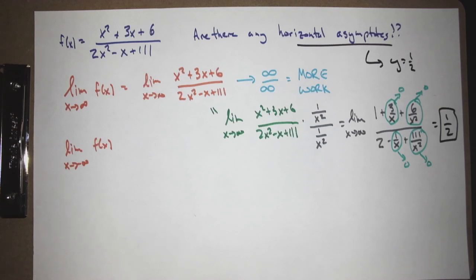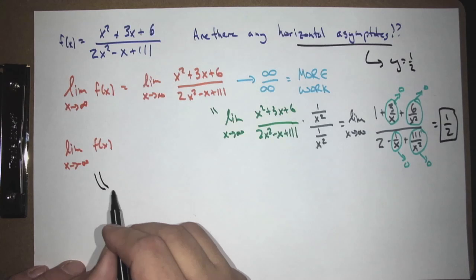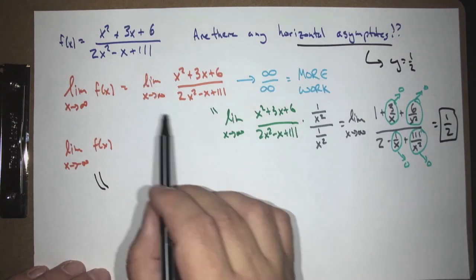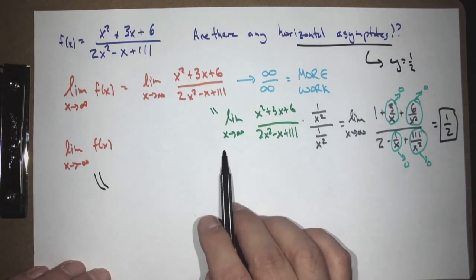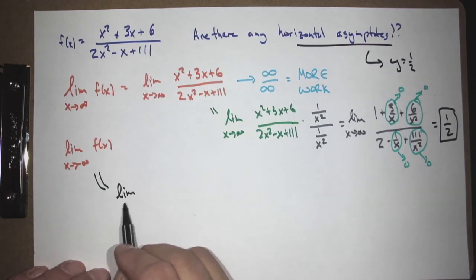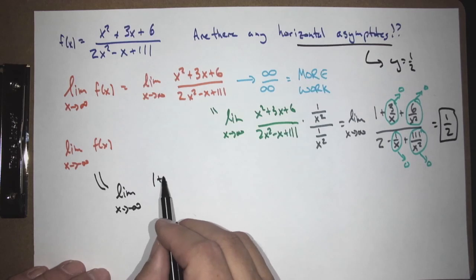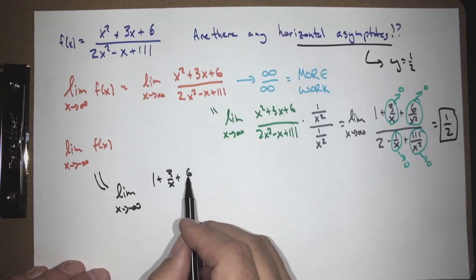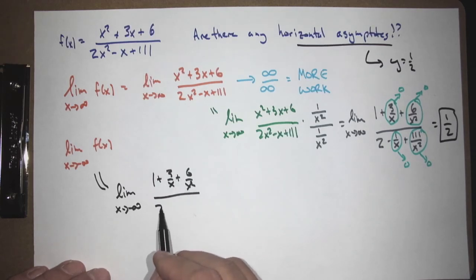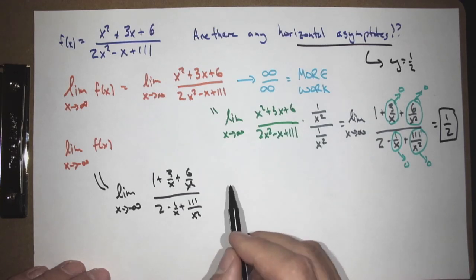What about negative infinity? Well, you do the same thing. Now notice we can do the exact same process. There wasn't really anything that required the sign. So we could just say, this is the same as the limit as x goes to negative infinity, applying the same brakes as we did over there: 3 over x, 6 over x squared, 2 minus 1 over x, plus 111 over x squared.